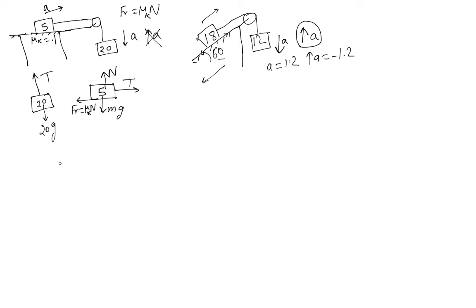Once you have free body diagrams, you can write Newton's equation. And to write Newton's equation, first you have to define the axis system for each body. So let's call this x, let's call this y, let's call this y, let's call this x. What are Newton's equations? They are ma_x and ma_y.